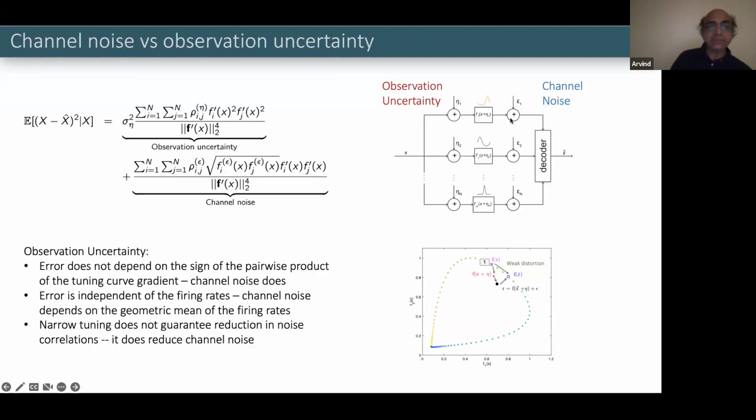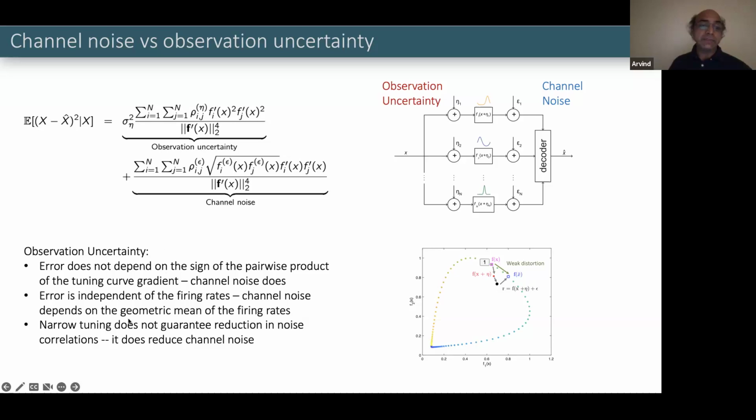So the key differences between them were that observation uncertainty doesn't depend on the pairwise product of the tuning curve gradients. So that's here. This part is from observation noise. And here we have the gradient of tuning curves, which is squared. So therefore the sign doesn't matter, but it matters for channel noise. And the error is independent of firing rates, whereas channel noise depends on the mean of the firing rates.